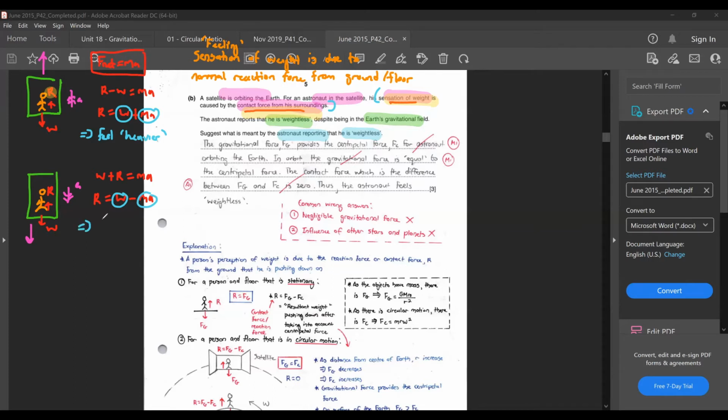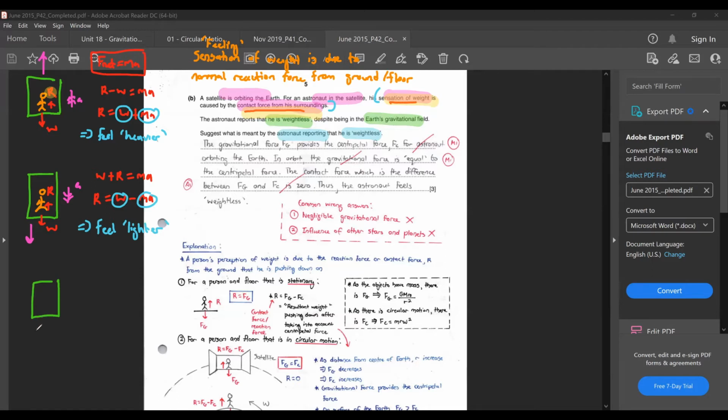So here, you actually feel lighter. This is your sensation of weight right now. At the same time, under the elevator questions, there will also be a certain time where you feel weightless. That is when your reaction force reaches 0.